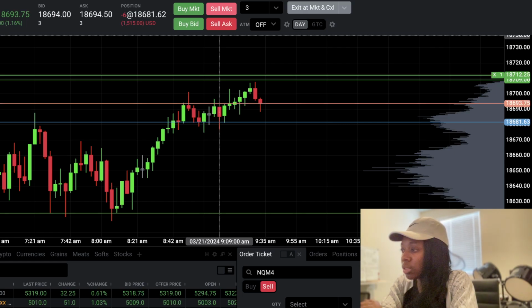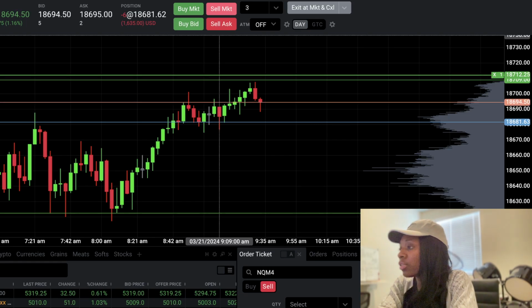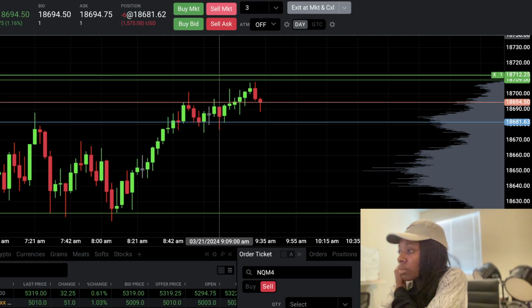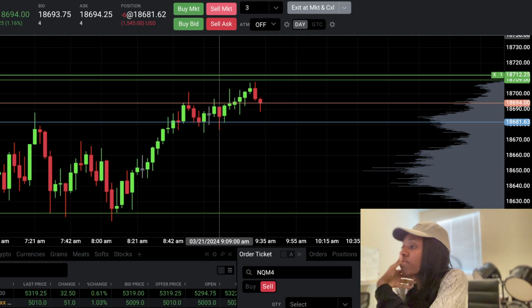Okay, so if this candle closes red, 45 seconds left, then I'm probably going to adjust my stop to be 10 points from this swing high.